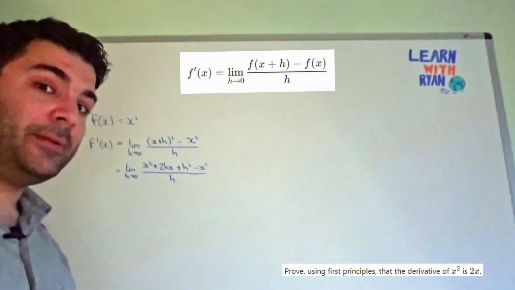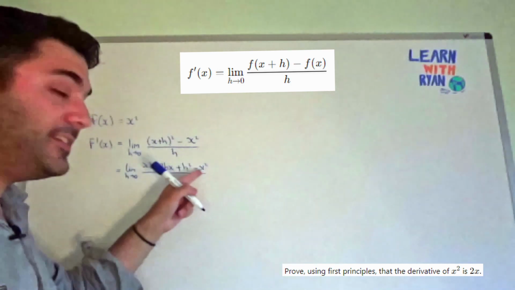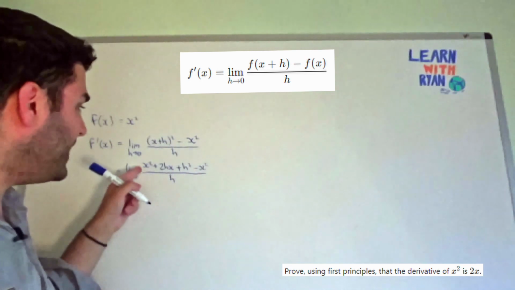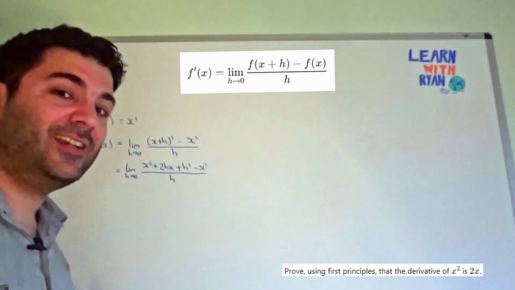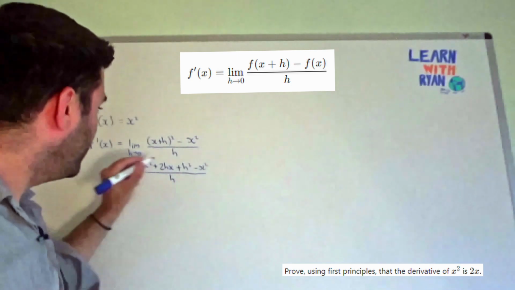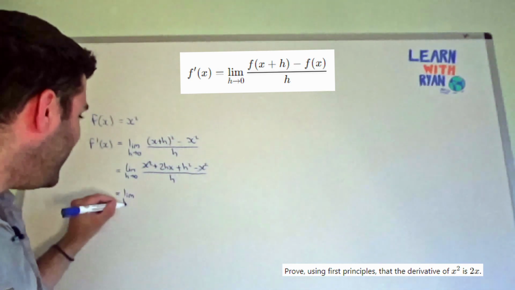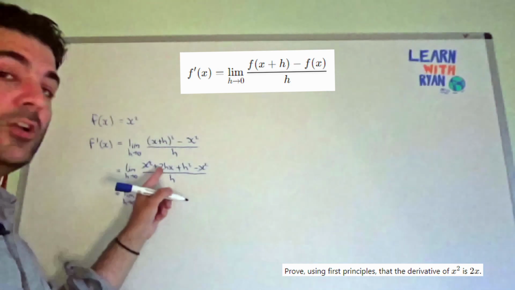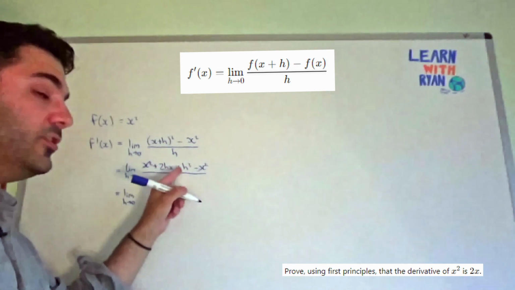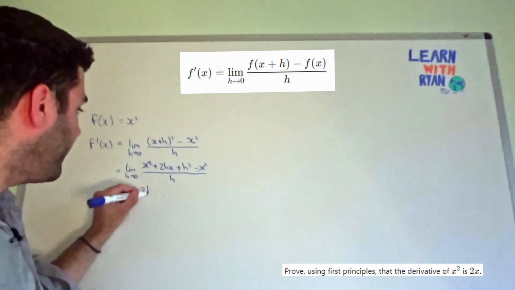Now notice, as if by magic, that the x squareds cancel, because we've got x squared minus x squared, so we can cancel them out. And then what I'm left with is the limit as h tends to 0 of 2hx plus h squared on the top.